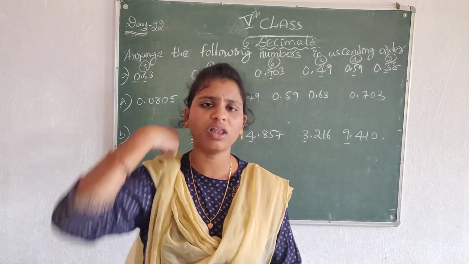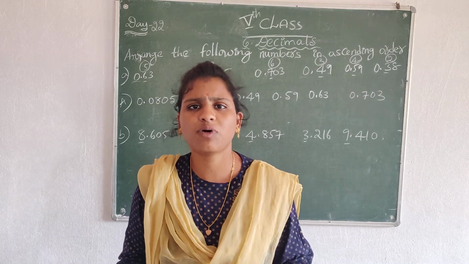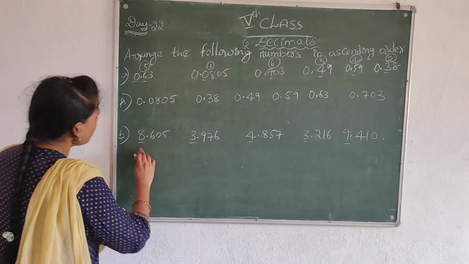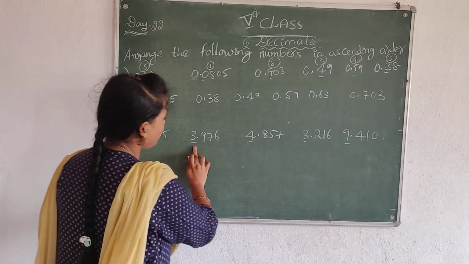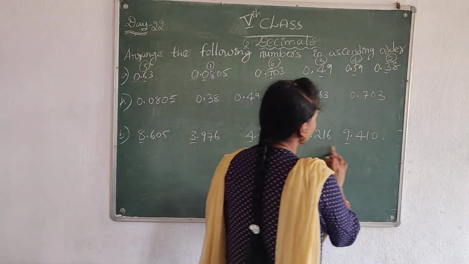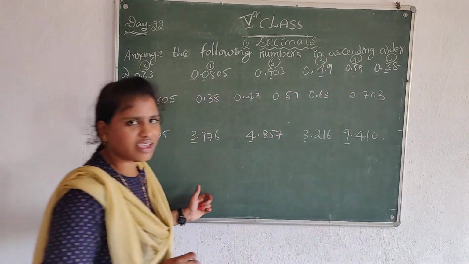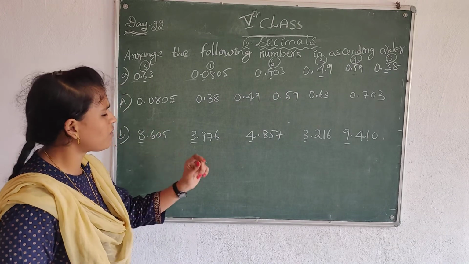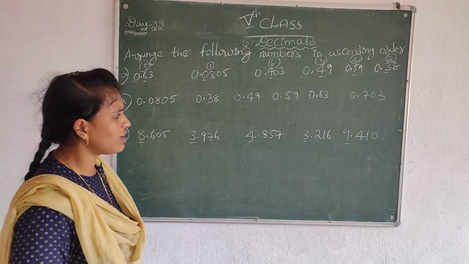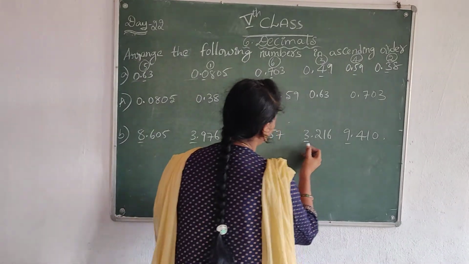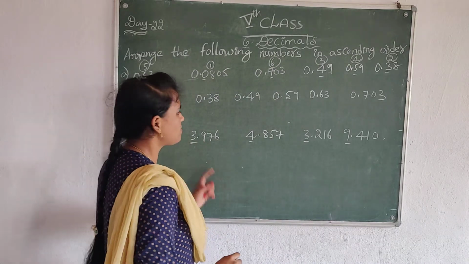If it is small, write it as a small number. Observe here, we have 8, 3, 4, 3, 9. In this case, you observe the small digit. Which is the small digit? Here 3 and 3 are the small digit.